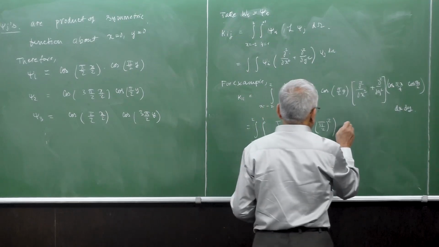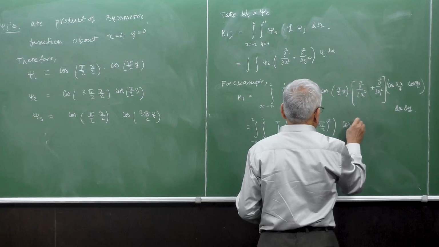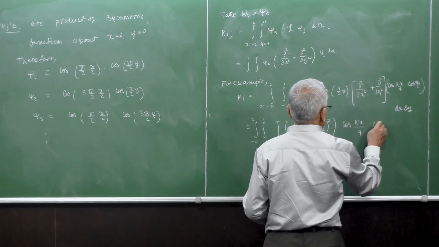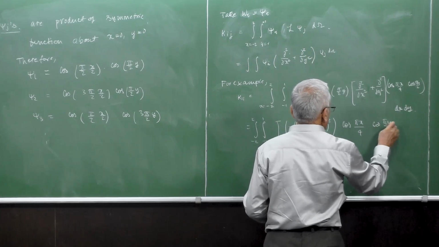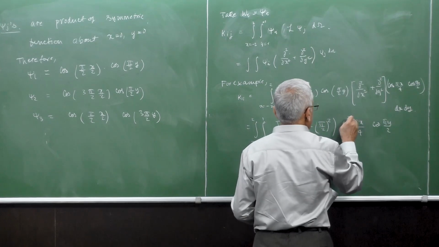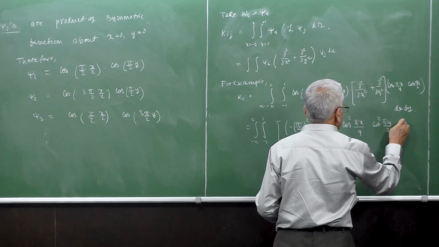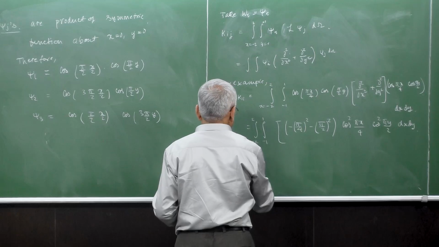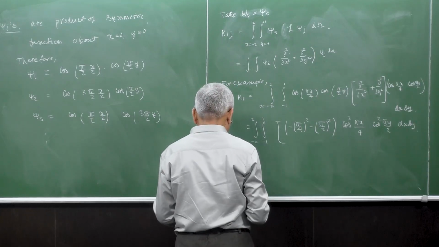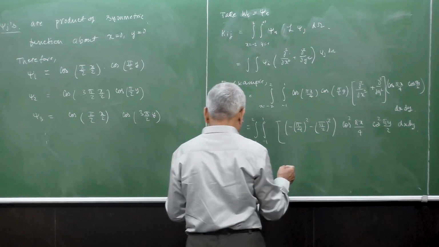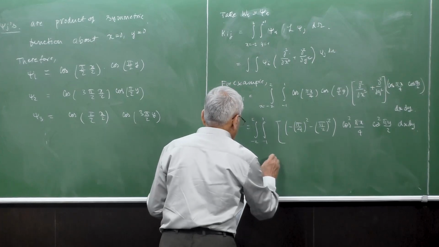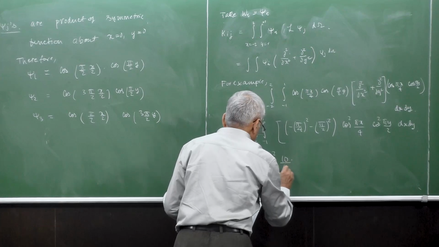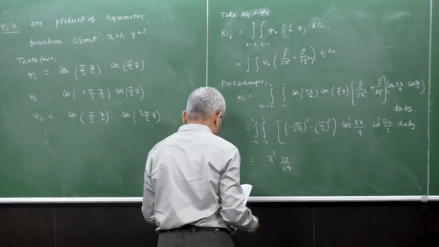And cos pi y by 2. Here in this case, it is the same thing, so we can also put squares here, and dx dy. Performing all these integrations, I'll just straight away give you the result: pi squared times 10 by 64.